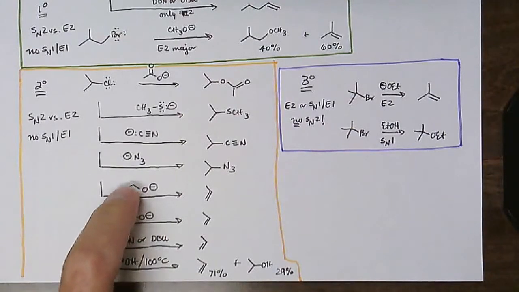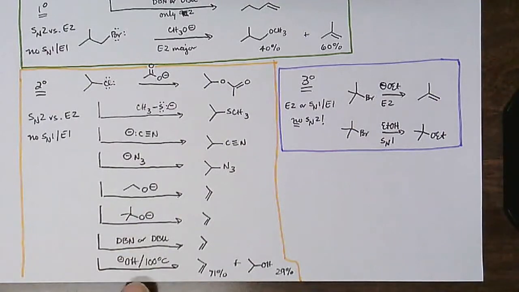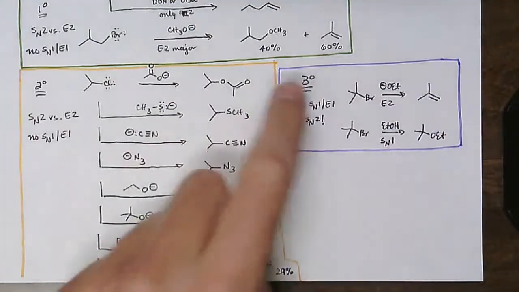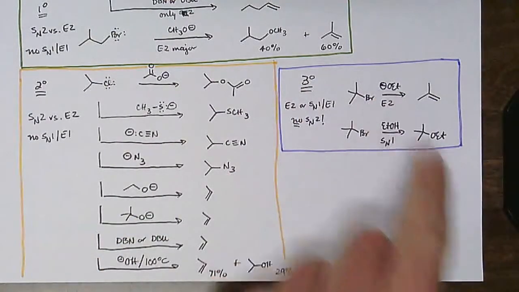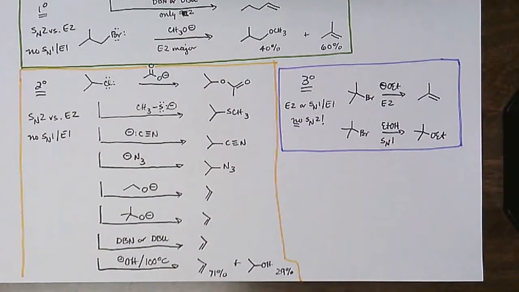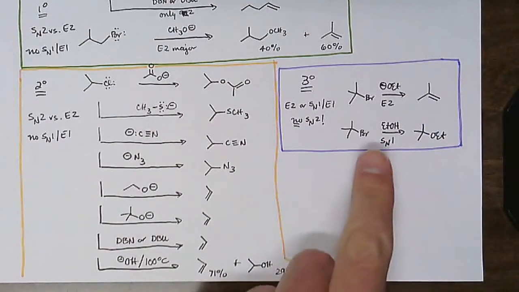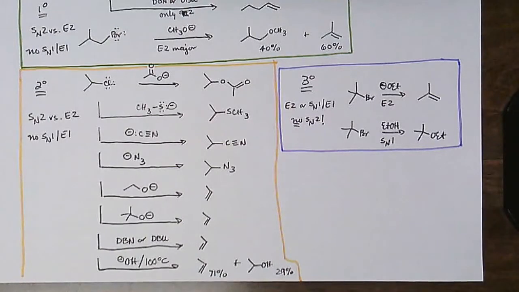If we have a larger concentration of ethoxide base or a bulkier base or hydroxide at very high temperatures, we see E2 elimination as the primary pathway. Tertiary alkyl halides, if you have a negatively charged strong base, you'll see E2 elimination. And if you have a moderate nucleophile and a weak base, which is generally the solvent, and you have lower than reflux temperatures, you'll see primarily SN1 substitution products.